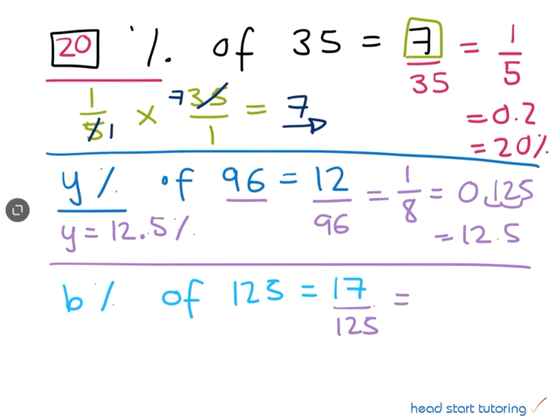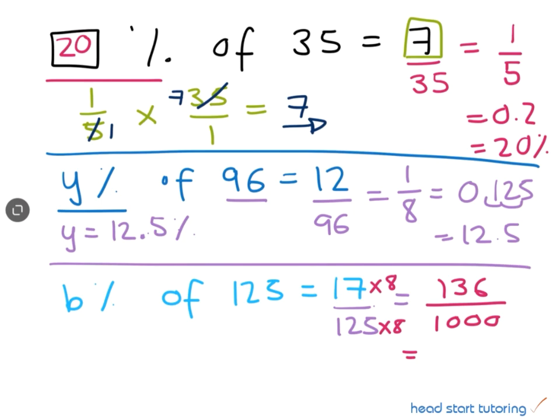So we need to multiply our numerator and our denominator by 8 to get a fraction out of 1,000. So we say 17 multiplied by 8, which gives us 136.